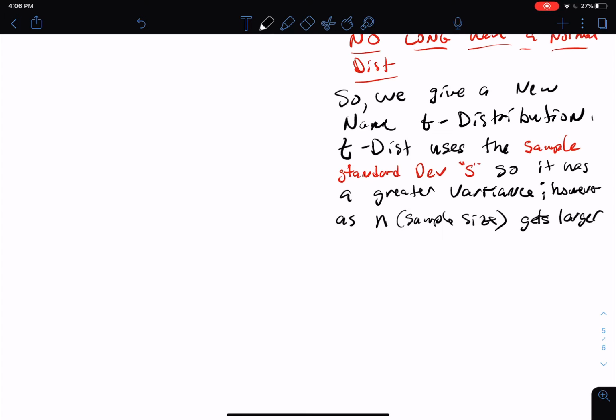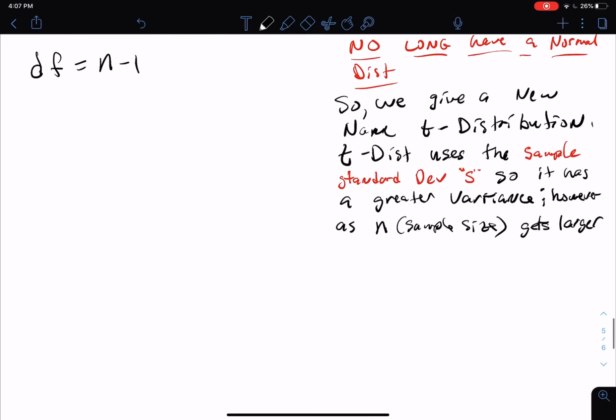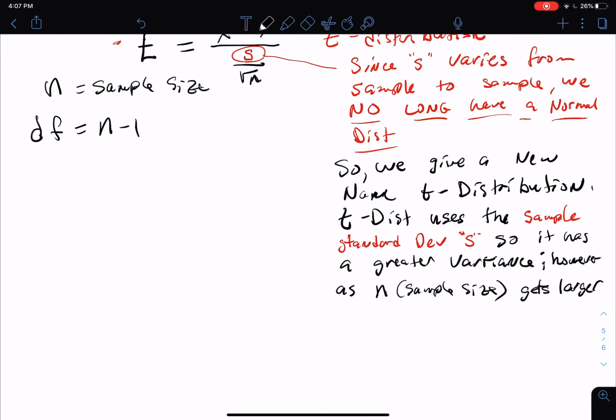Now there's something I gotta define here. So n is the sample size, right? There's something called degrees of freedom. And degrees of freedom is just going to be your sample size minus 1. It's part of our chart on our distribution.